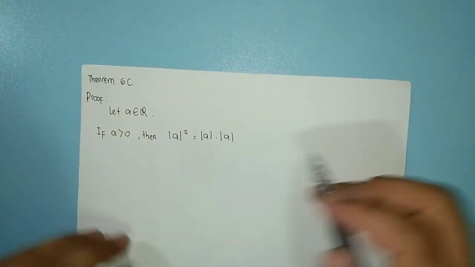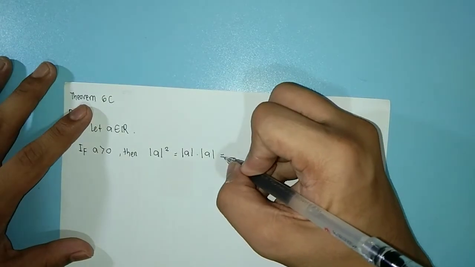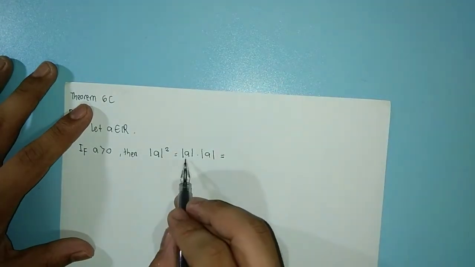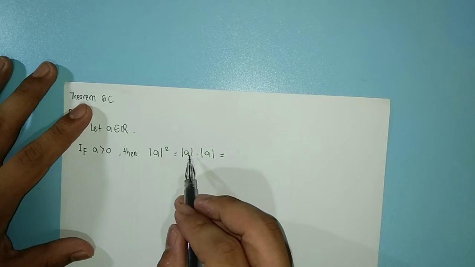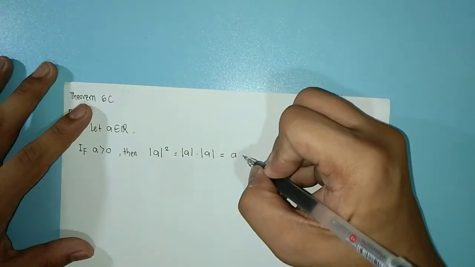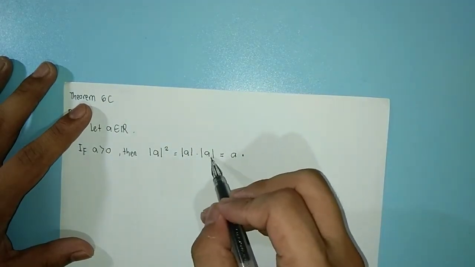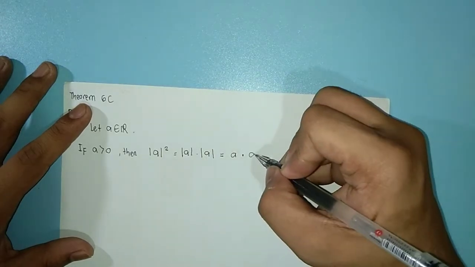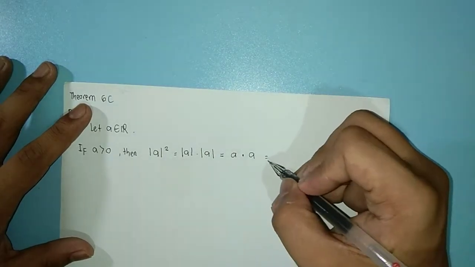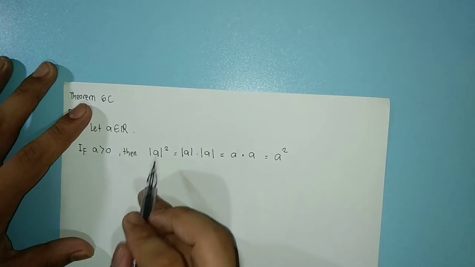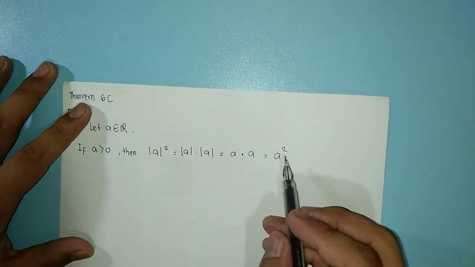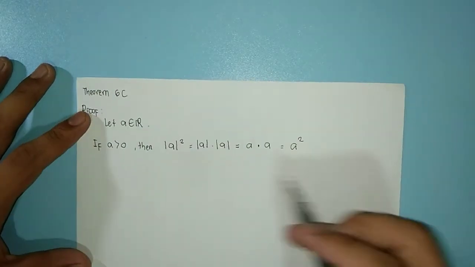Kasi naka-squared siya. And this is equal to, by definition of absolute value, yung absolute value ng a equal sa a, times absolute value ng a equal din sa a. So that is a times a, and that is equal to a squared. So the absolute value of a quantity squared will be equal to a squared.